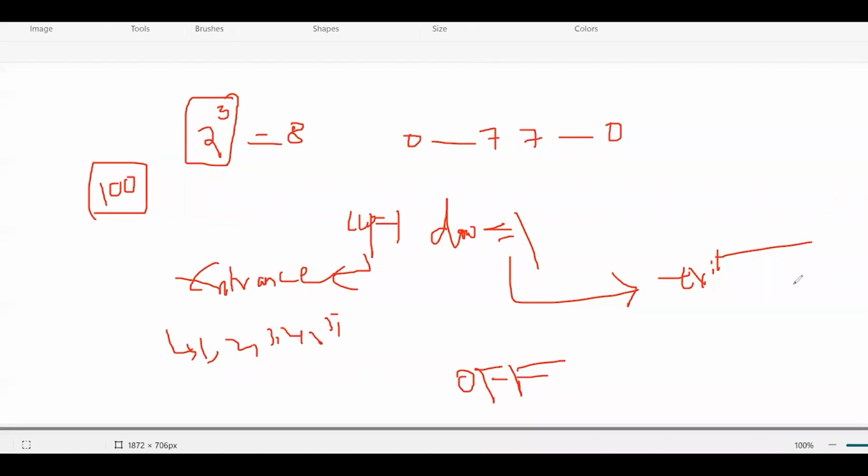If anyone goes outside at the exit side, the count must be decreased, so there we put the down counter. Suppose the count value is 50, meaning the total number of people in the room is 50. At the exit side, if anyone goes out, the count should go 50, 49, 48, decreasing until it reaches 0.